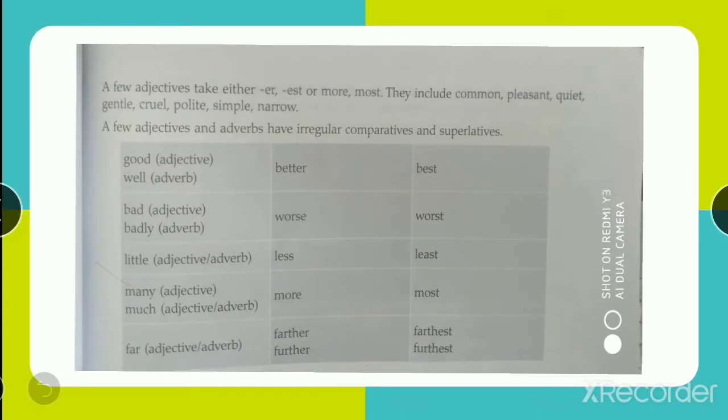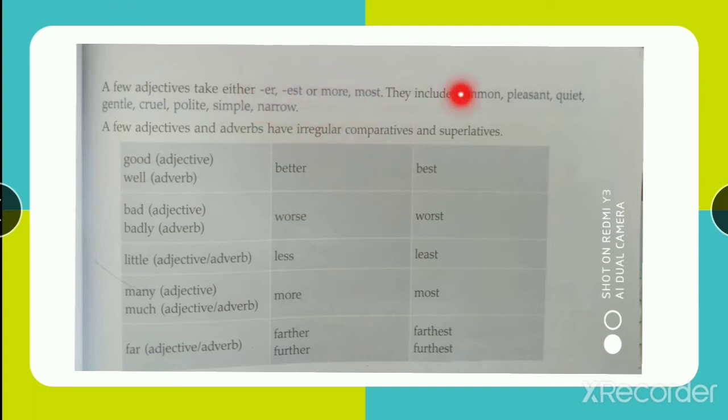Okay, page number 77. Now see on the top. A few adjectives take either er, est or more or most. Now, few adjectives are there who have er or est with them and more or most.